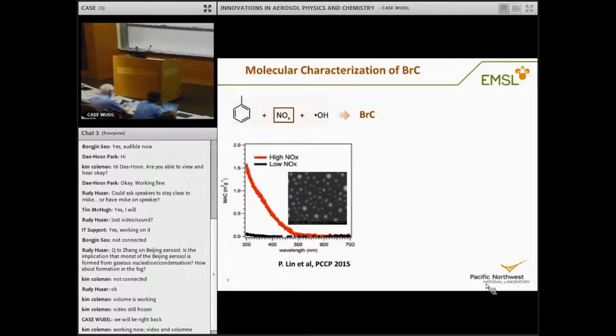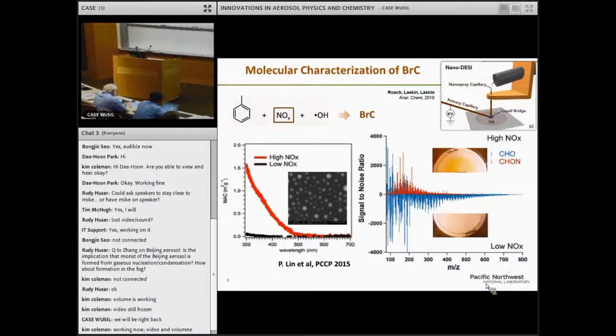To understand why in one case the resultant material is brown and in another case it is not, we started to do some comparative studies. We generated this type of aerosol and this type of aerosol, and then did a quick analysis of the overall material formed in each case.